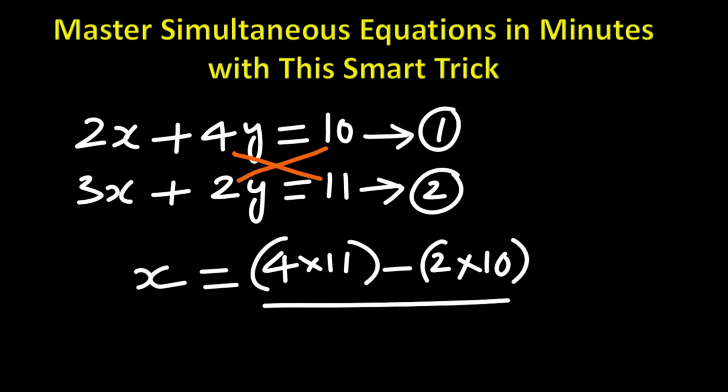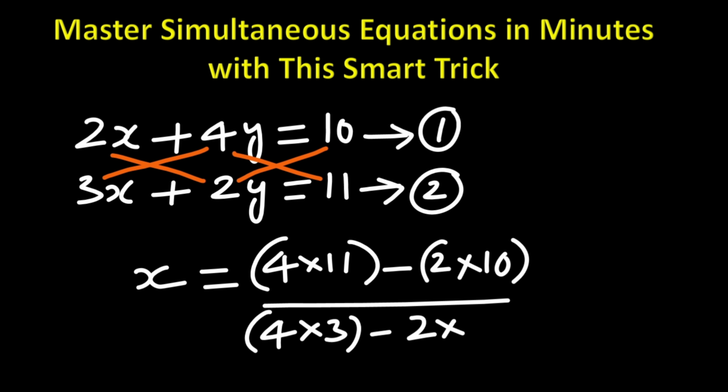And this whole thing is divided by the denominator, where we do the cross multiplication again, starting from the coefficient of y, which is 4 here. We do 4 times 3 minus 2 times 2.